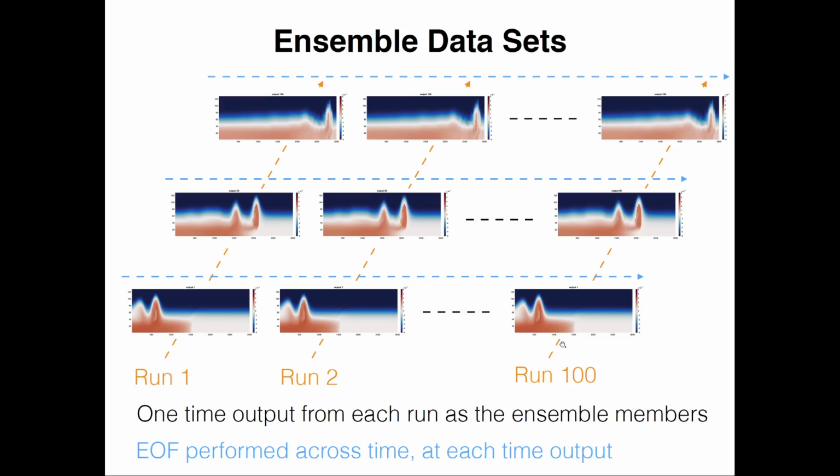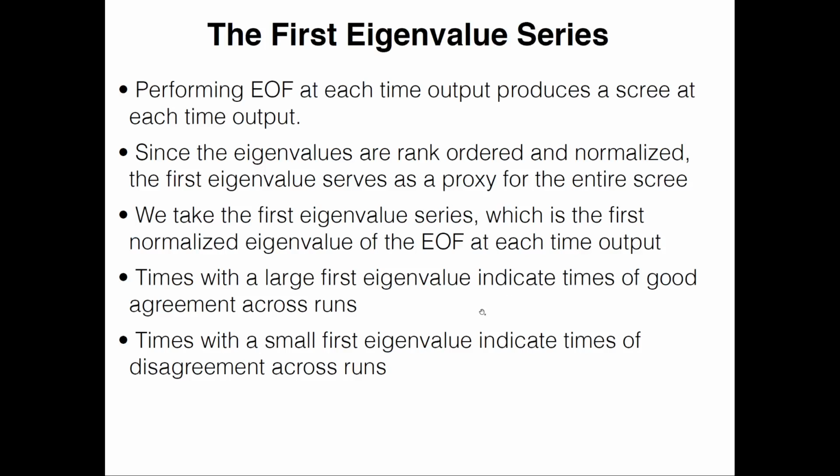And so what we end up with is a first eigenvalue series. That is one real number associated with every time output in the time series. Okay, so we take the first eigenvalue series, which is just the first eigenvalue from the normalized scree.